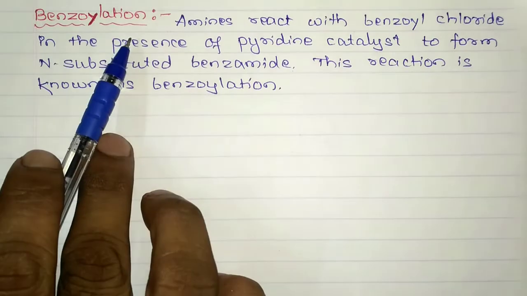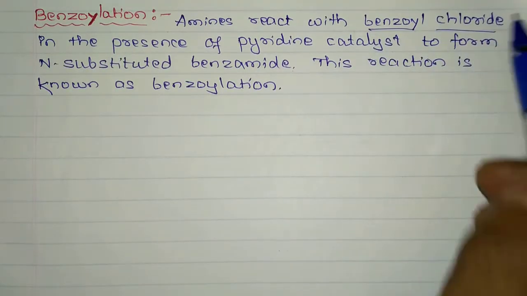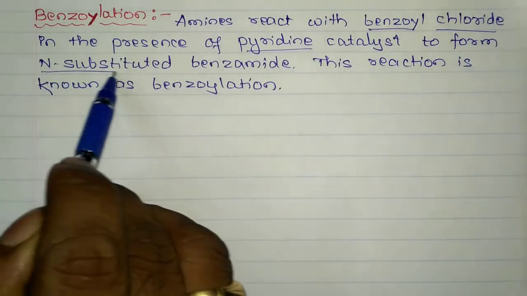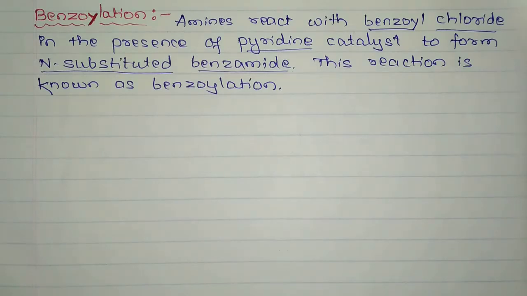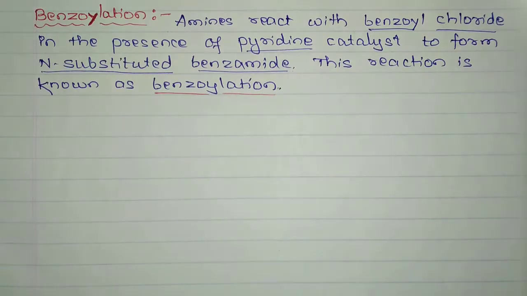Now we'll discuss benzoylation reactions. Amines react with benzoyl chloride in the presence of pyridine catalyst to form N-substituted benzamide, and this reaction is known as benzoylation.